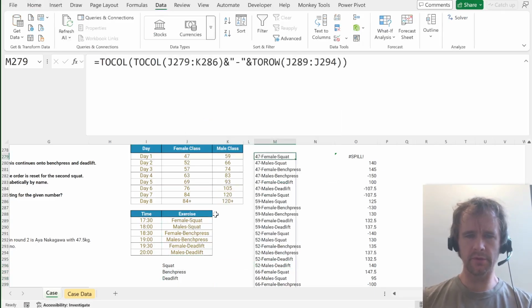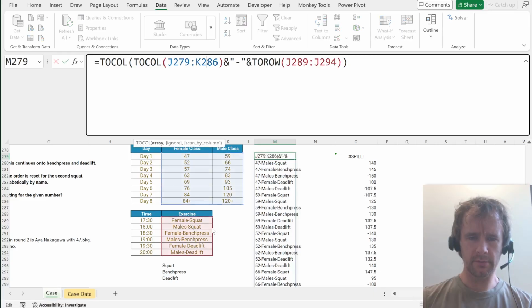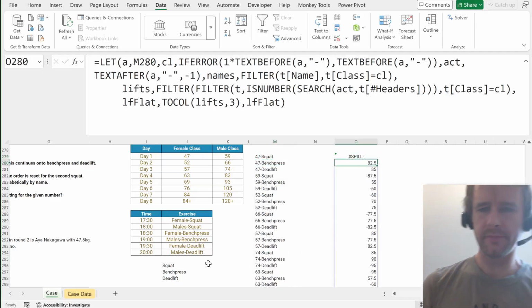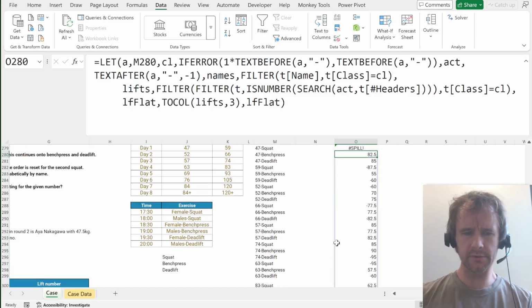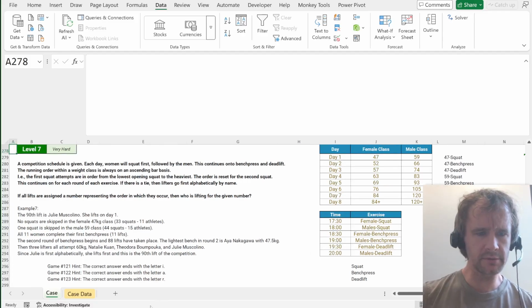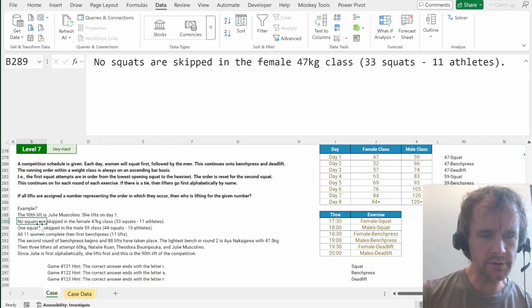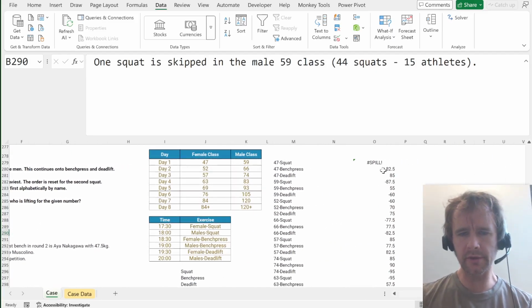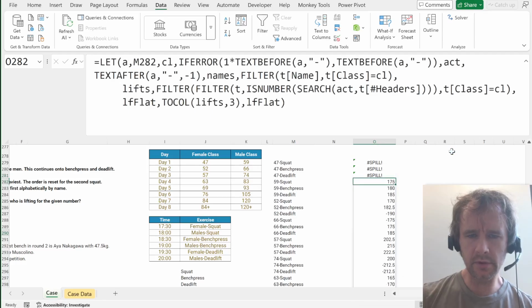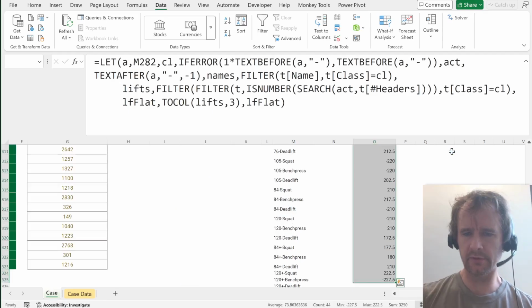Okay, and then let's point this not to that, but to this. Okay, so now we should have, oh, we still have 33 there. That's not good, because there was supposed to be a skip. Is that in this one? No squats are skipped. 1 squat is skipped in the male 59 class. Oh, sorry, yes, no, 1 squat is skipped. Yes, so 44 instead of 45.